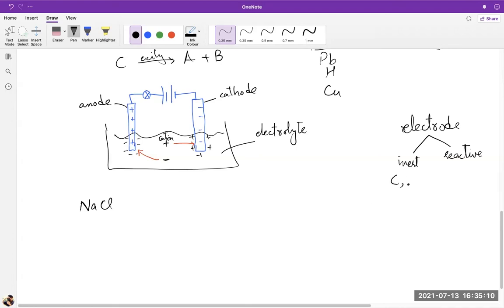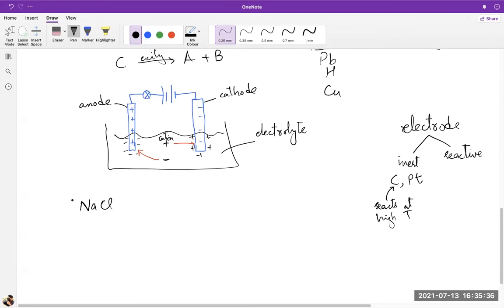Inert electrodes are carbon or platinum. They don't react. They're very less reactive. Sure, carbon does react at high temperature. On the reactive side, I can have any other metal like copper or magnesium or calcium or iron or anything that I want. And that will help me later on. It can be gold even.